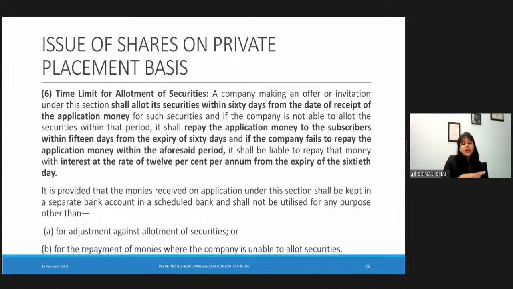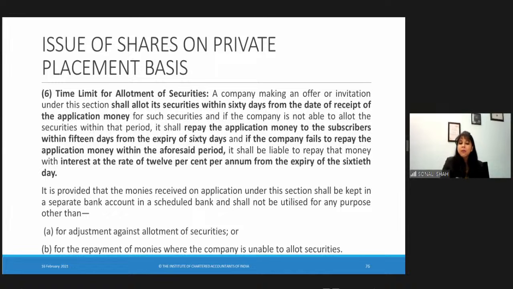So once the offer is made and the application is received, the company will either allot the securities or it will not allot the securities. If it wants, it will have to allot the securities within 60 days from the receipt of application money. If the company does not allot the security within 60 days, it will have to refund the application money within 15 days.